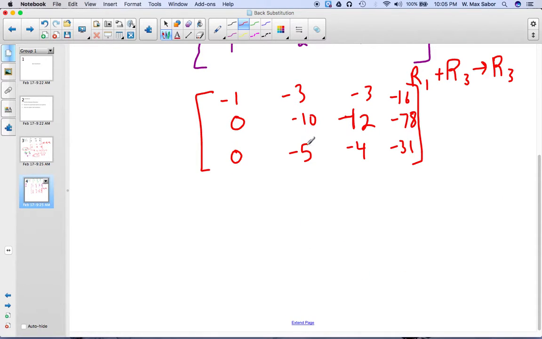So now the last thing that we need to do is get that to cancel out. So what I'm going to do is take twice this, or -2 times the third row, and add it to the second row.